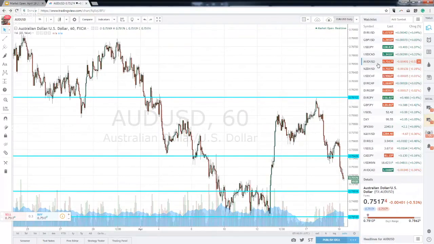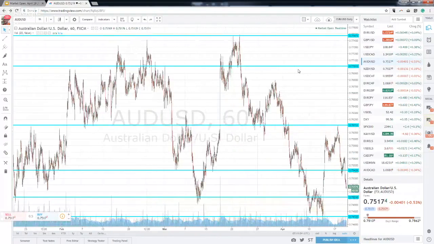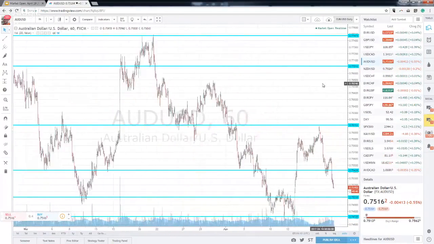Below 74.75, we have 73.75. To the top side, 75.40, and then 76.10, which used to be the bottom end of the range. We had very stable range trading between 76.10 and 77. Now we're at much lower ground here with the Aussie dollar.